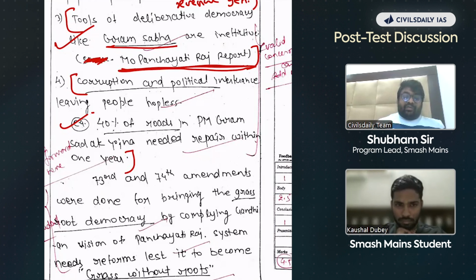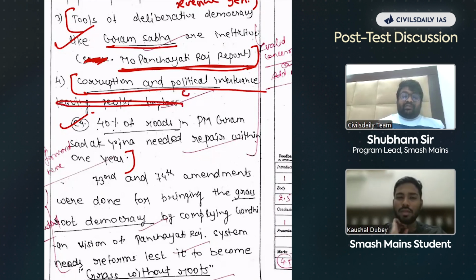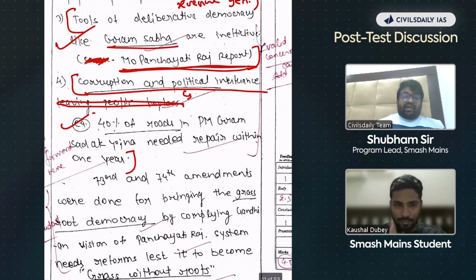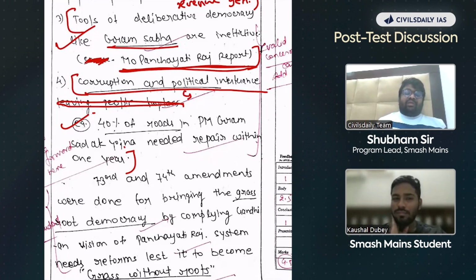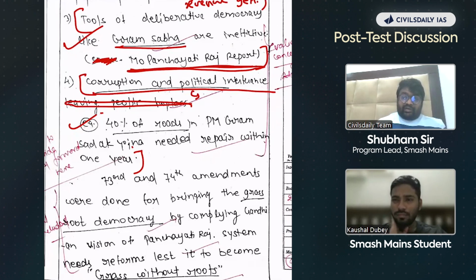So what you can do: corruption and political interference, you can skip this part. Right. Okay. Example, 40% of the roads under PM Gram Sabha Yojana need repair within one year. Right.